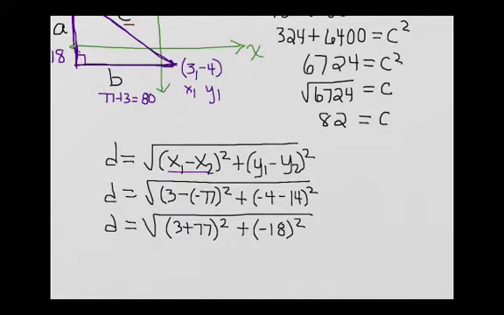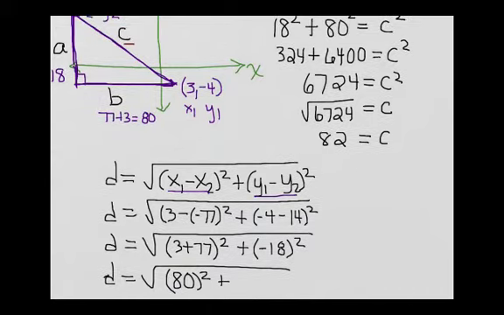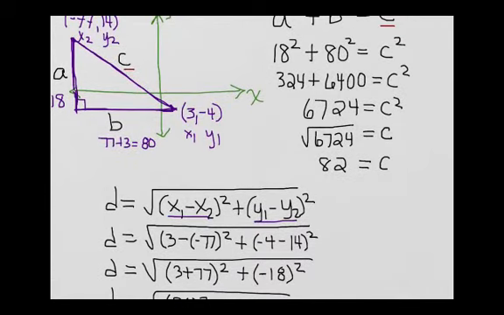And when we continue on here in our next step, we're going to see that we get the square root of 80 squared. 80 was exactly the length we found in the x direction before. And then when we subtracted y1 minus y2, again we're getting the distance between the 2 points in terms of their height.